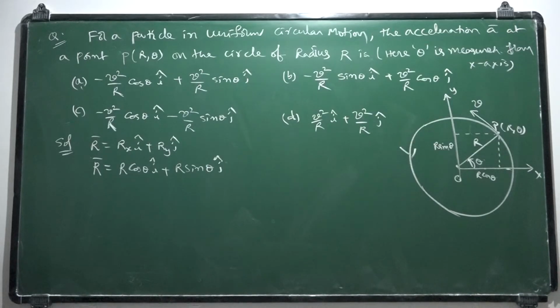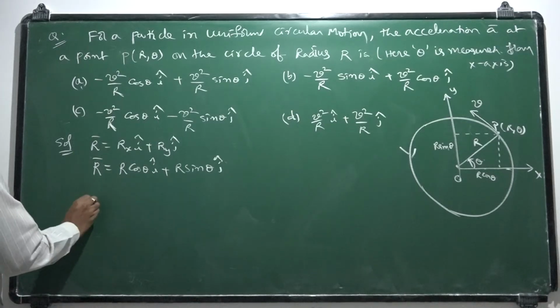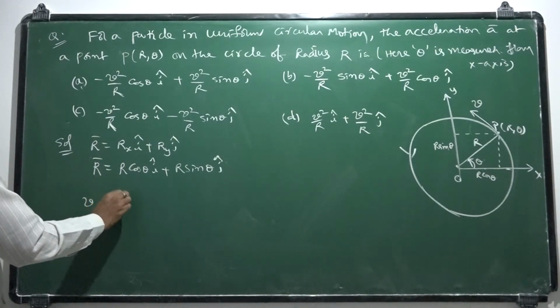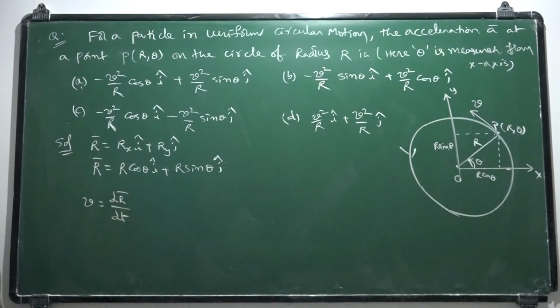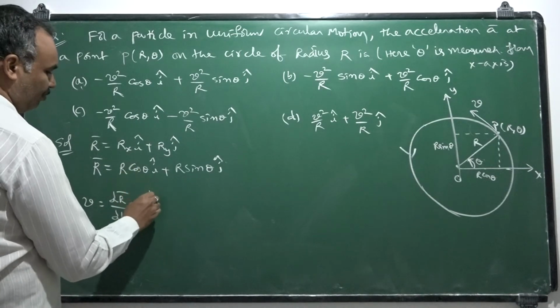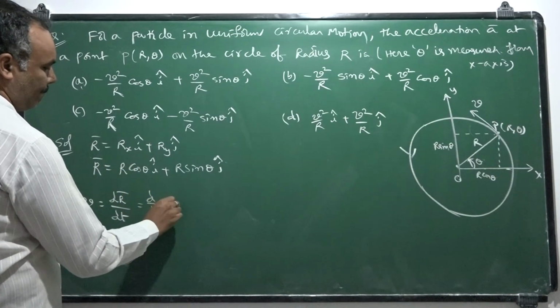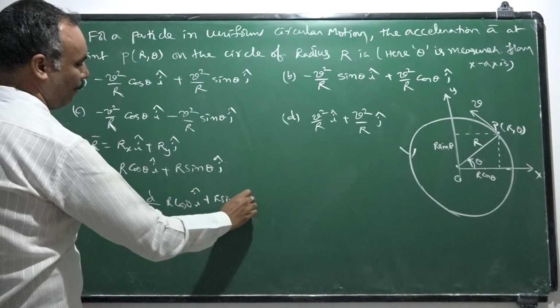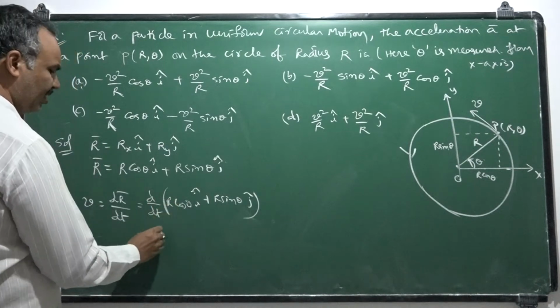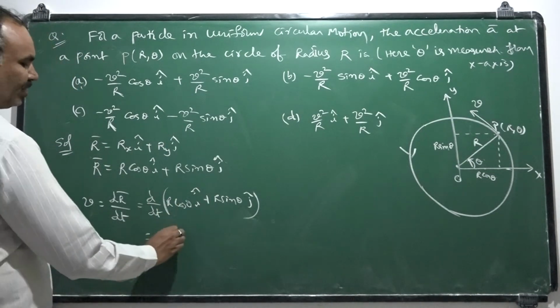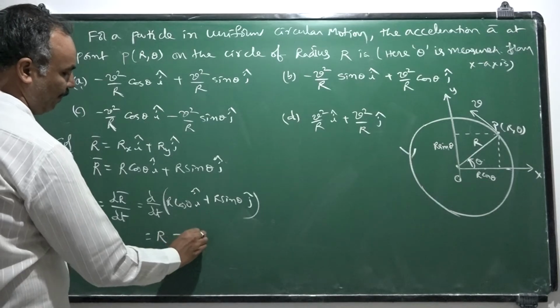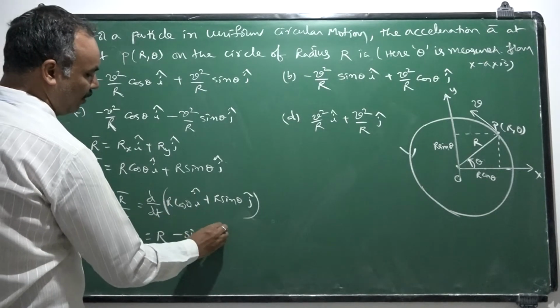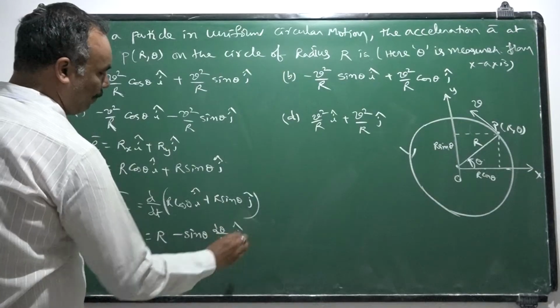Now I need to find acceleration. Before that, let me find velocity. Velocity vector is nothing but rate of change of position vector. So it is d by dt of r cos theta i cap plus r sin theta j cap. Radius is always fixed. For cos theta, derivative is minus sin theta d theta by dt i cap.